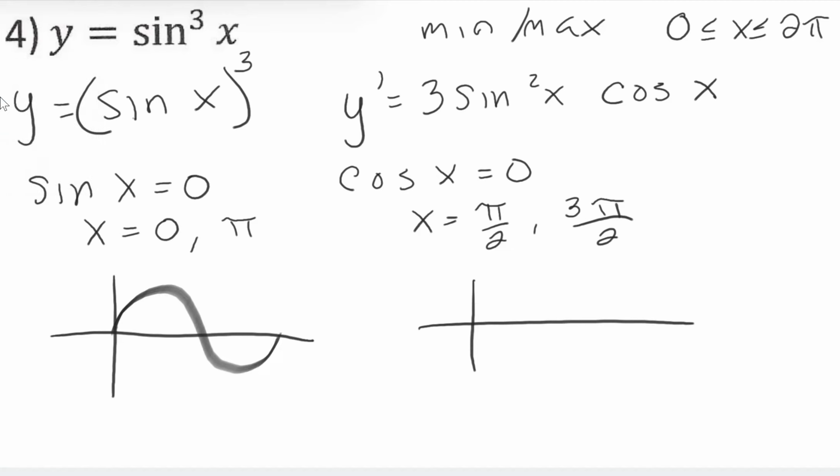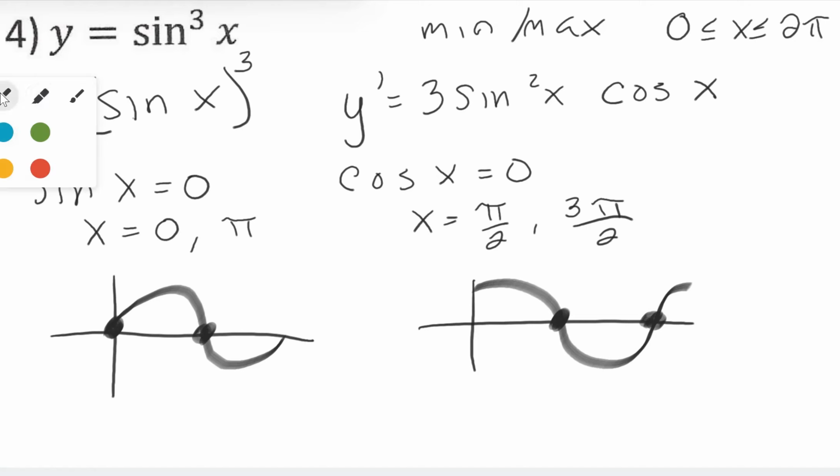So sine goes like that, and cosine goes like that. So that's 0, that's pi over 2, and that's 3 pi over 2. So I have 4 critical numbers that I need to look at in this case.